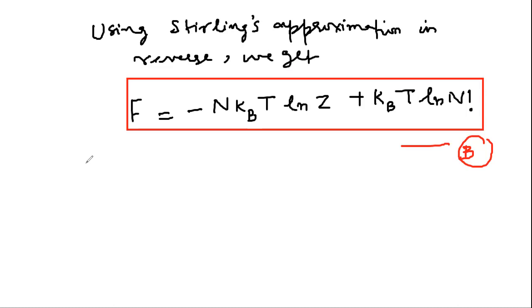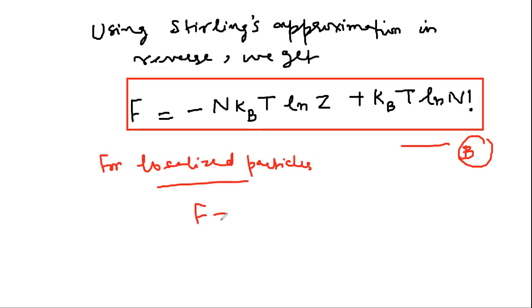Remember, we have already discussed it in the classroom for localized particles, that is distinguishable particles. F is minus N kB T ln Z. This is the expression for F for localized particles.